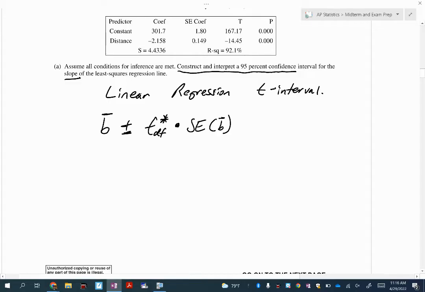All right, now the computer output they gave us is going to give us the sample statistic, right, our slope of that linear regression line is negative 2.158 plus or minus, I don't know T star yet, times the standard error, which is 0.149.